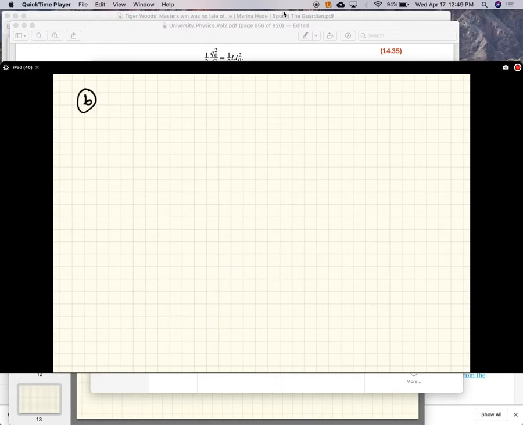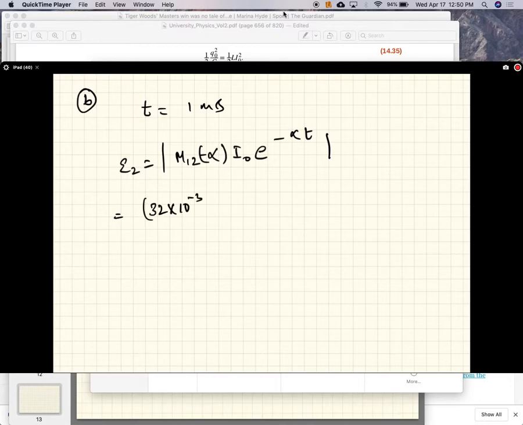All right, so t equal to 1 millisecond. 32 millihenries.